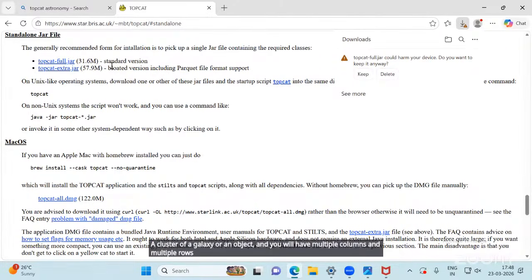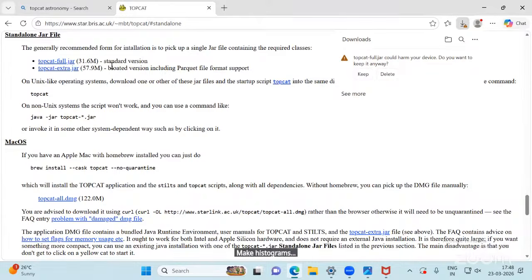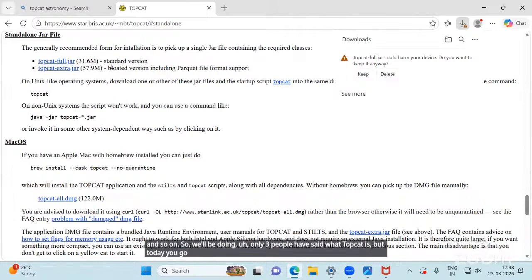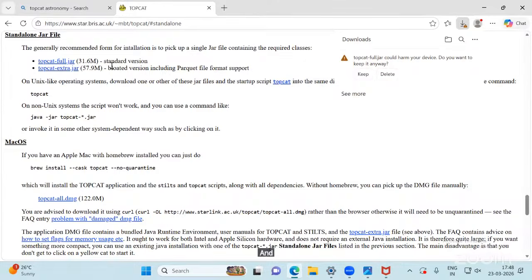And TopCat allows you to make plots, make histograms, select regions of it, define some mathematical functions between column one and column two and so on. Only 3 people have said what TopCat is, but today you go home and install TopCat in your system, Linux, Windows, whichever version you have. And it's very simple and very intuitive for you to learn.